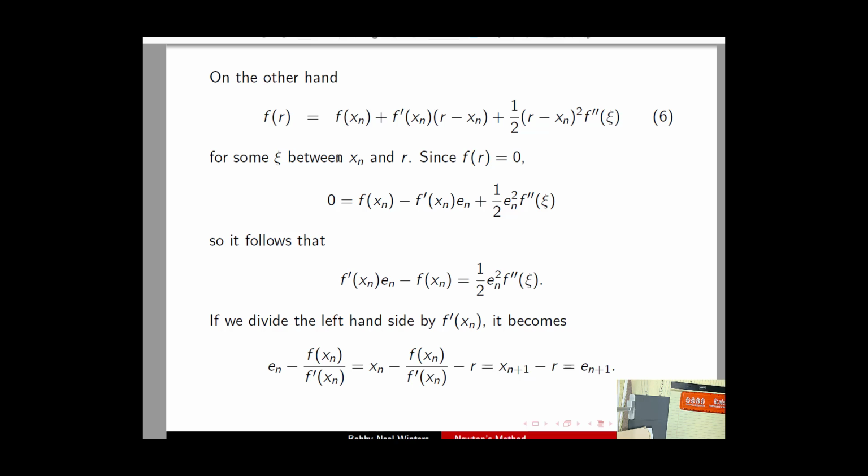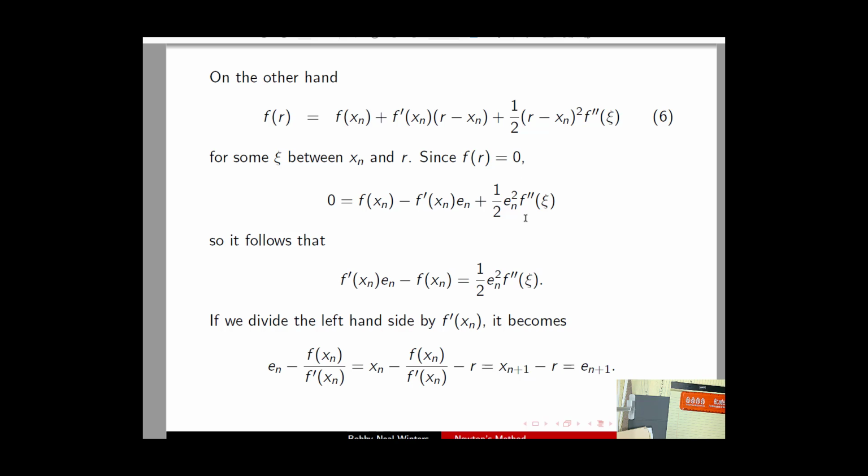Now, on the other hand, I can say f of r is equal to f of xn plus f prime of xn times (r minus xn), plus a remainder term. Again, this is just using Taylor's theorem. Like I said, Taylor's theorem is very useful for these sorts of theoretical things. And f of r is 0 because r is our root. So I have 0 is equal to f of xn minus f prime of xn times en, plus 1/2 en squared times f double prime.